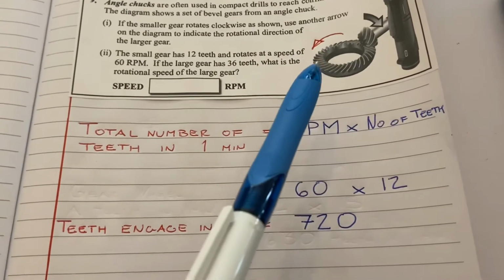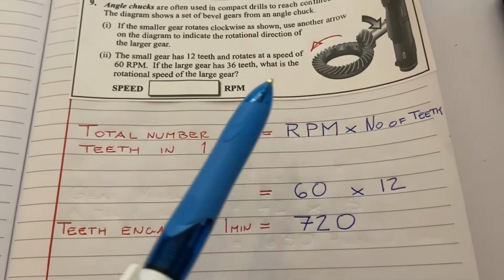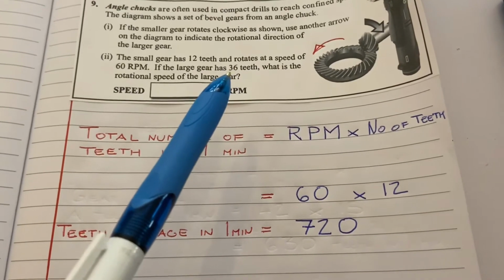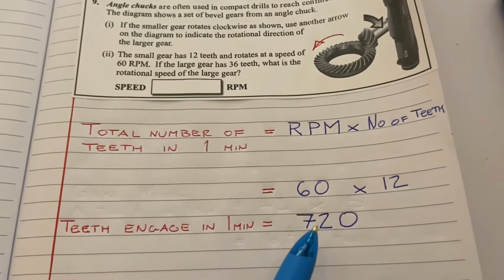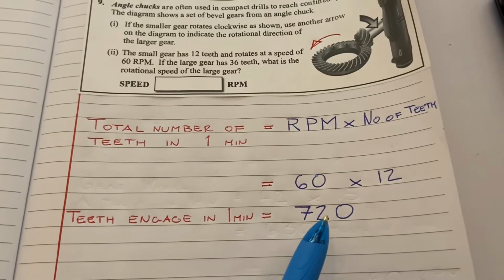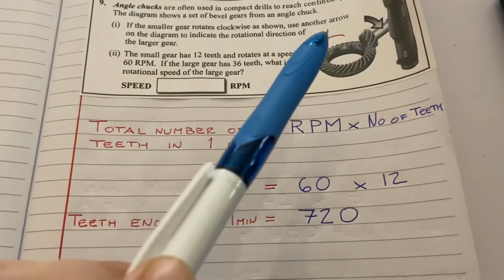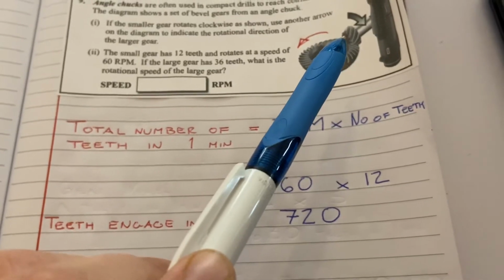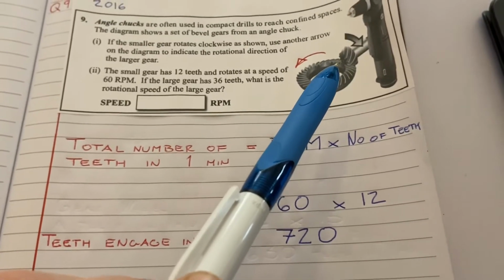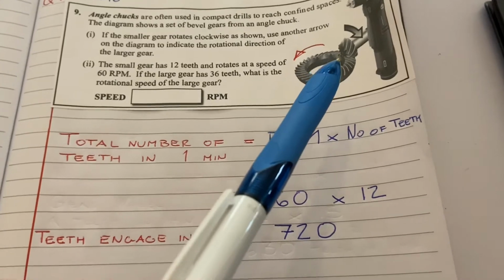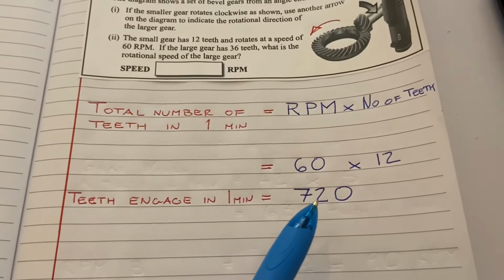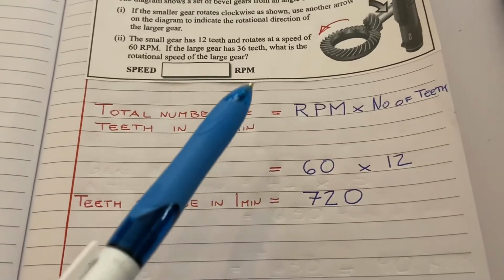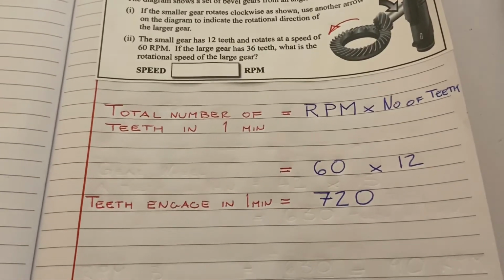So we need to find out now how many times the 36 teeth on the bottom wheel engage with the 720 that the rotational speed of the top wheel is producing. And to work that out, it is 720 divided by 36.